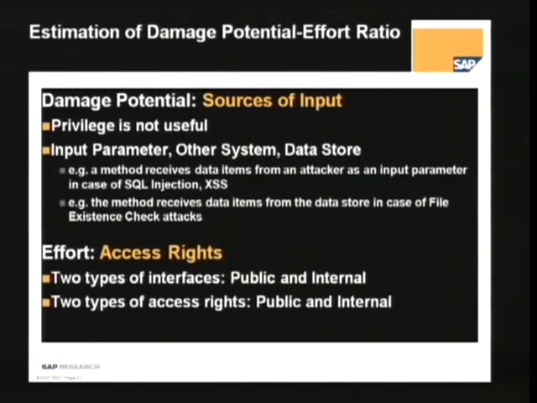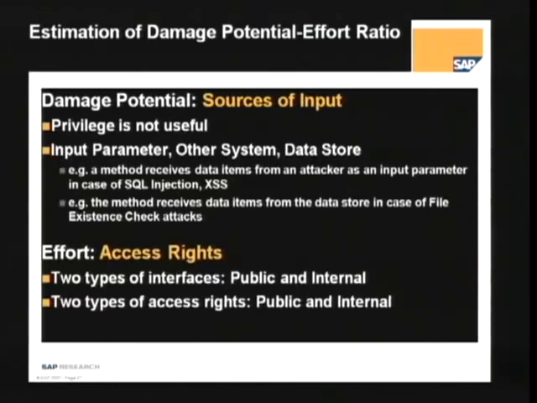Remember, we have to compute two things, right? We have to compute the damage potential of each individual method, plus the effort. In this application, we had to look at the sources of input instead of privileges. When you do attack surface analysis in C-based applications, you look at the method's privilege.